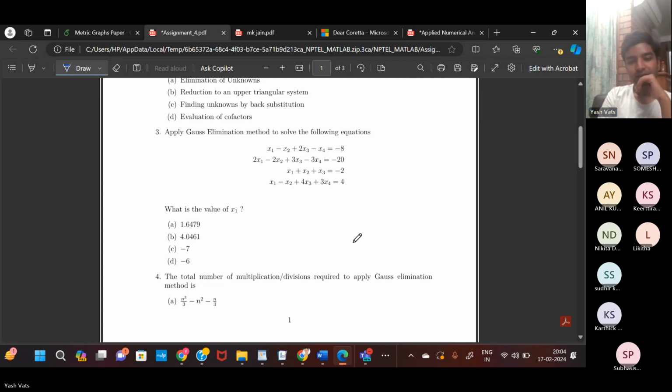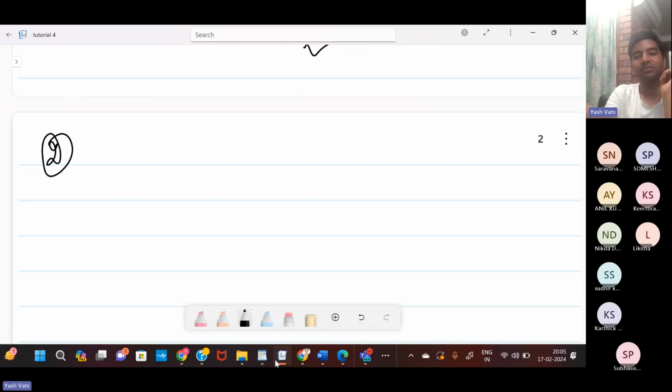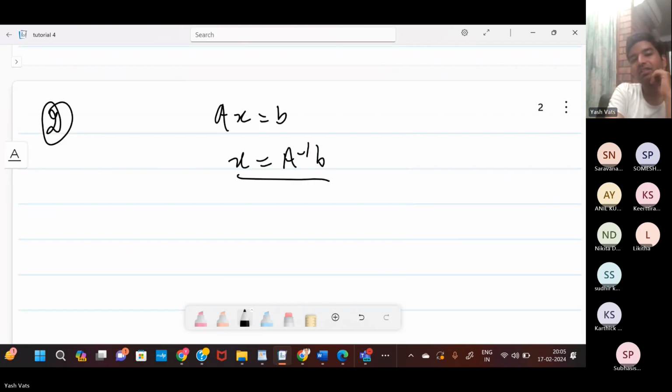Anyway, what I was writing, I forgot it. So how do you solve a system? Either you solve using x is equal to A inverse b, right? To find the inverse of a matrix, you need to find the cofactors and calculate them.